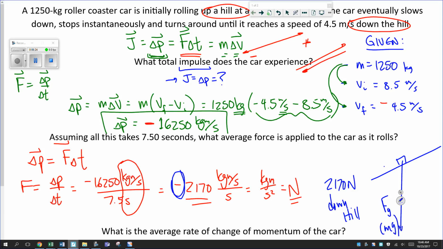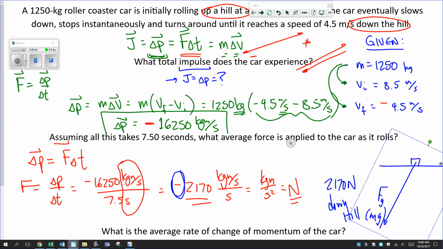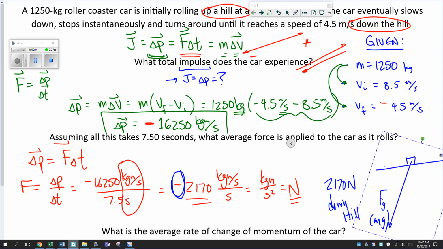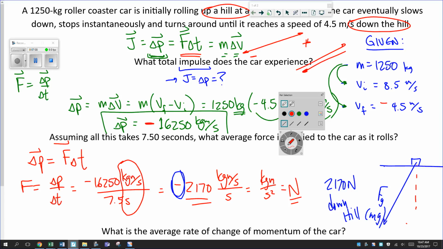Watch this, it's pretty neat. If I rotate this a little bit, and we sort of imagine tilting your head so that your head is aligned with the ramp, doesn't it almost look like, and it's actually true, that there's a component of this gravitational force that points down the hill?